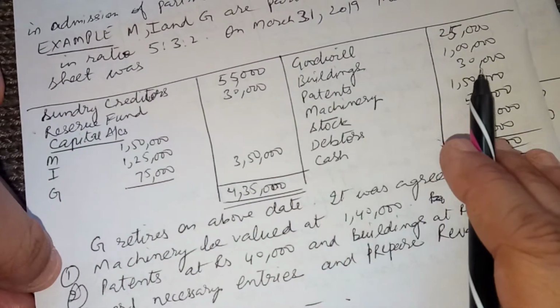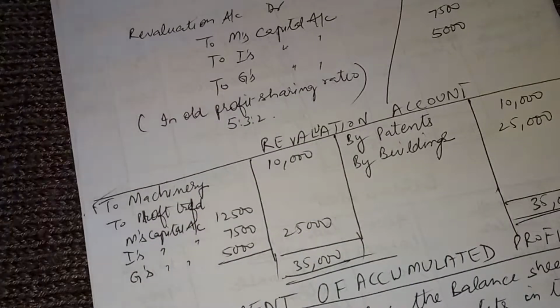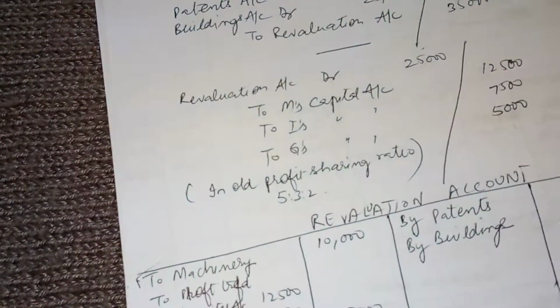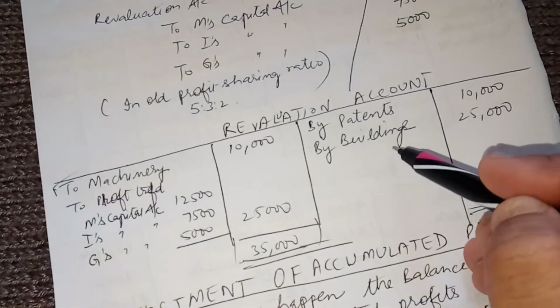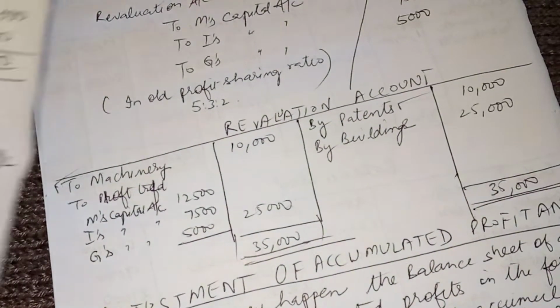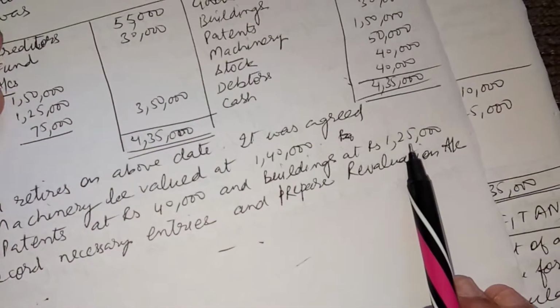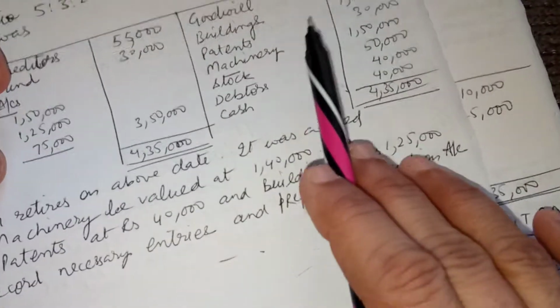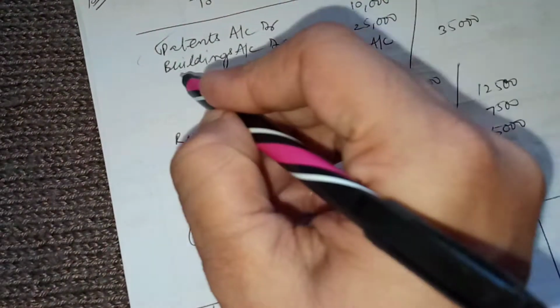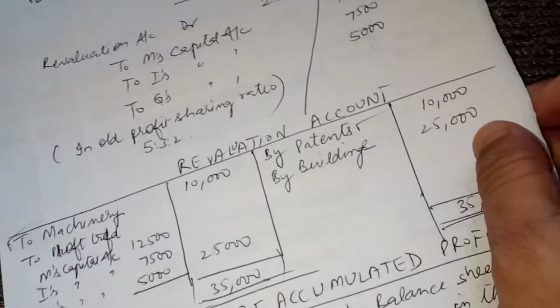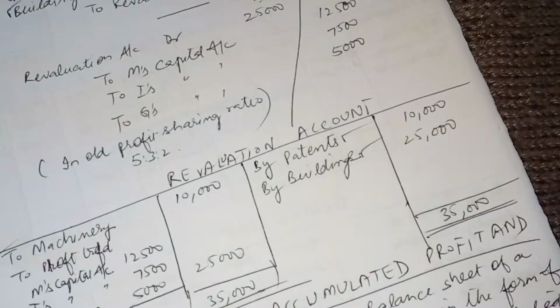Patents were earlier 30,000, so there is an appreciation in the case of patents. So patents will be on the credit side. And then buildings at 1,25,000. Earlier the building was 1 lakh, so 25,000 appreciation. Building will be on the credit side.